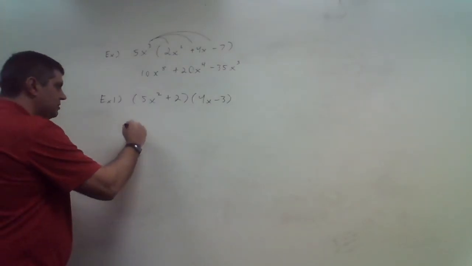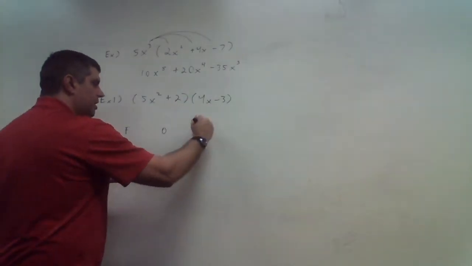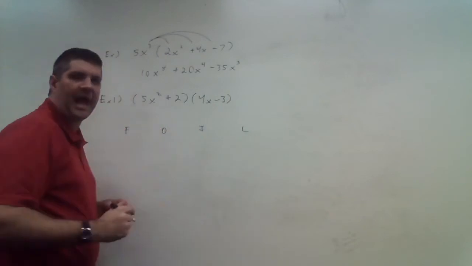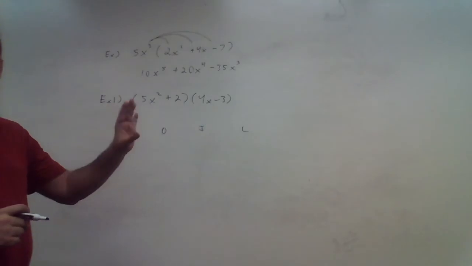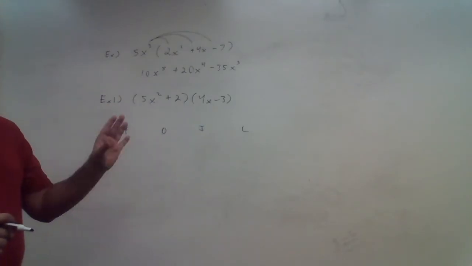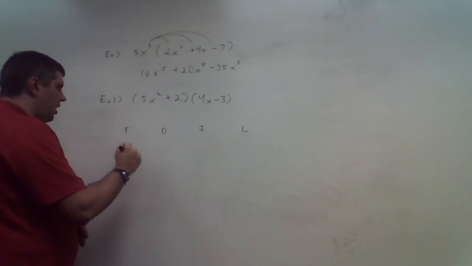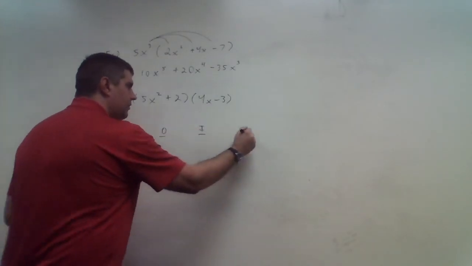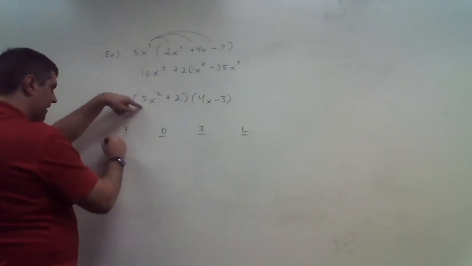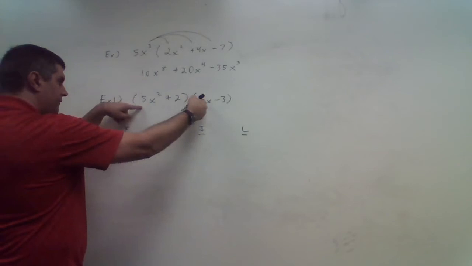This stands for multiplying the first terms, the outer terms, the inner terms, and the last, and then combining like terms as applicable.